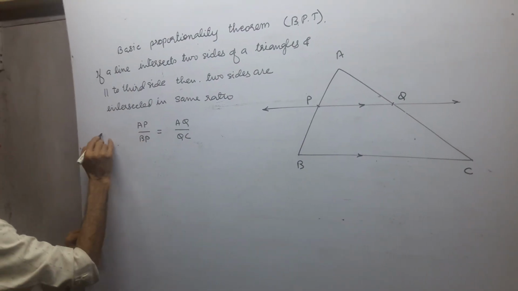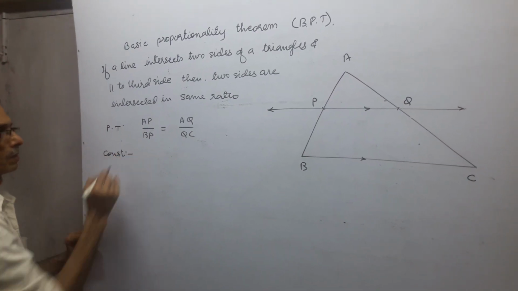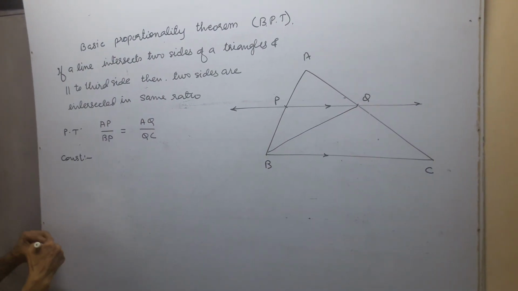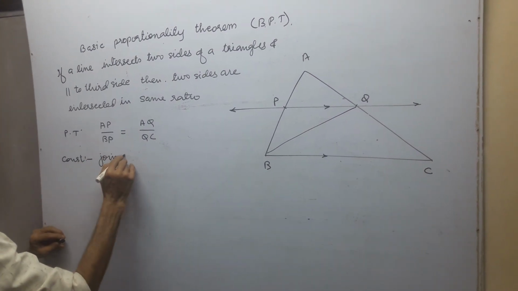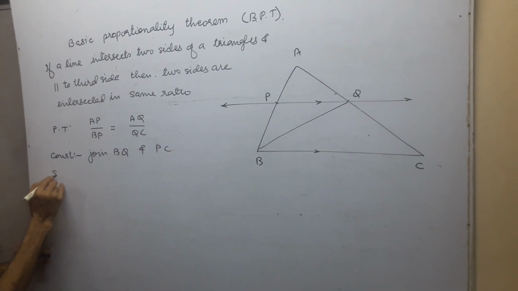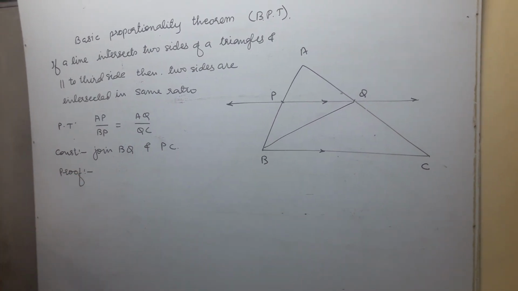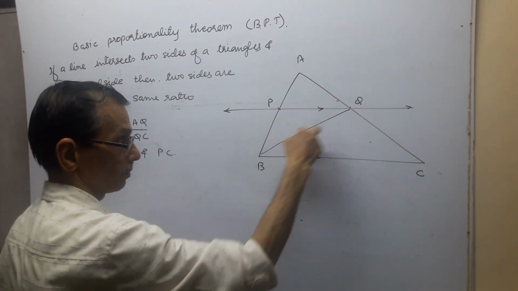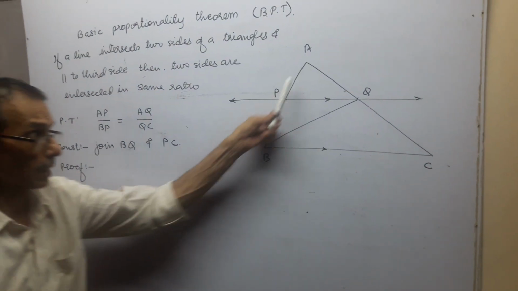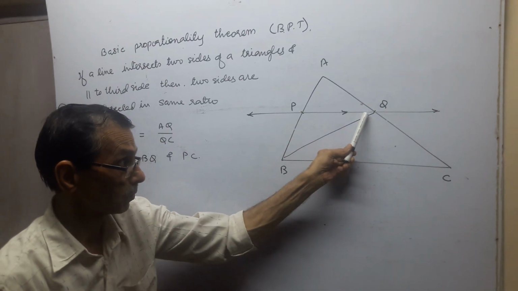So this is the proof we have to prove. Construction: join BQ and PC. Now think of this triangle. First triangle. You find that in triangle APQ and triangle BPQ the height is the same.